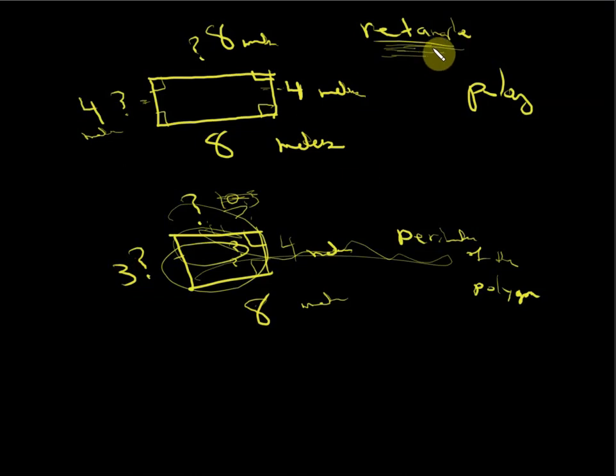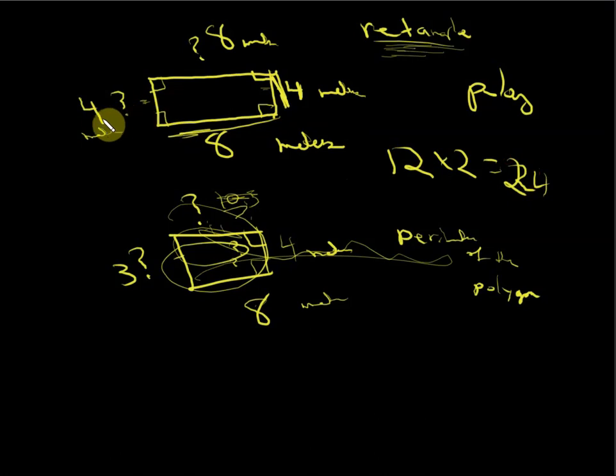So I told you this was a rectangle, so now you know that this is simply a summation. Since we know this is a rectangle, we can easily solve for the perimeter. Side 1 is 4, side 2 is 8, so 2 sides is 12. We have another 2 sides with the same dimensions, so we just multiply by 2 and get 24, right?